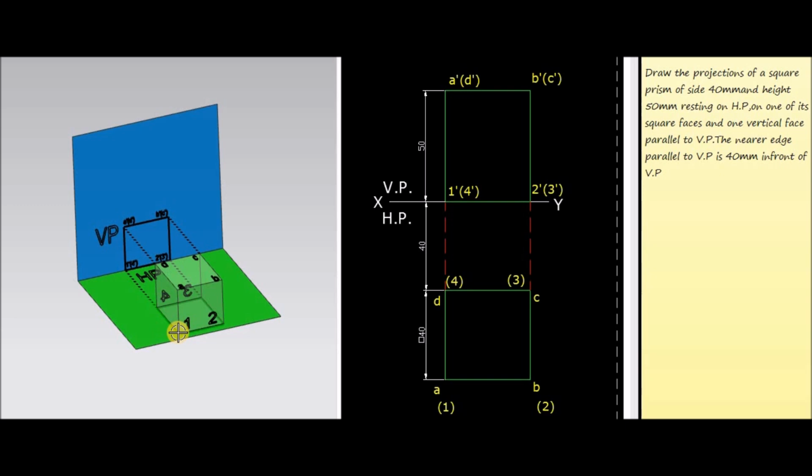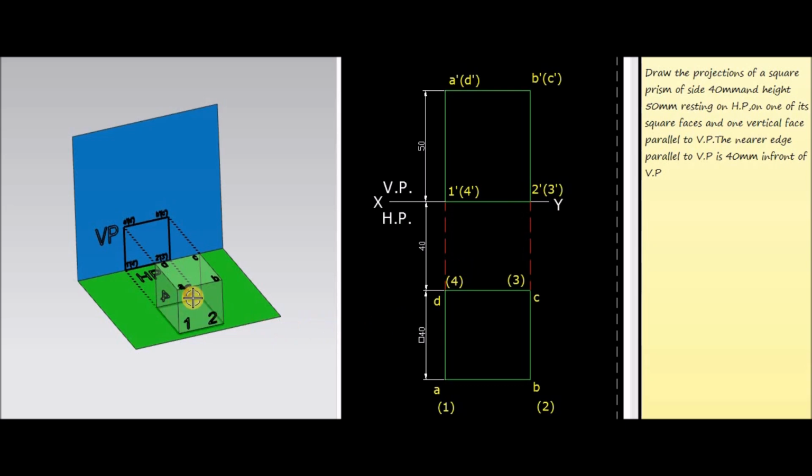So when we are looking from the front side, we will get the front view of these projections in the XY line, that is at the intersection of HP and VP. So it is to be represented here, and as I mentioned earlier, when we are looking from the front side, corners 1 and 2 will be visible. So it is to be represented outside the bracket with dashes, that means 1 dash and 2 dash.